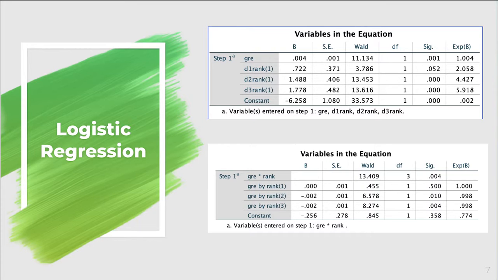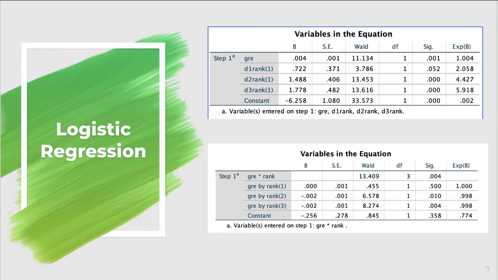Further on for D3, 1, 2, and 3 were 0, and 4 was 1. For every point increase in scoring, the odds of being admitted increased by 78%, or 1.788. The higher the rank, the higher the odds of being accepted.